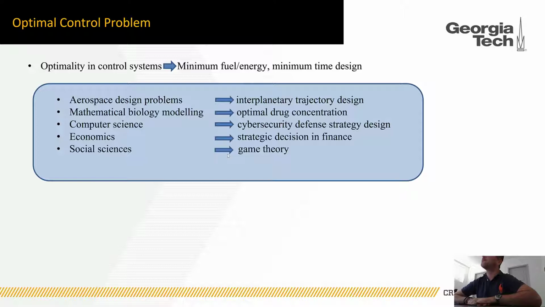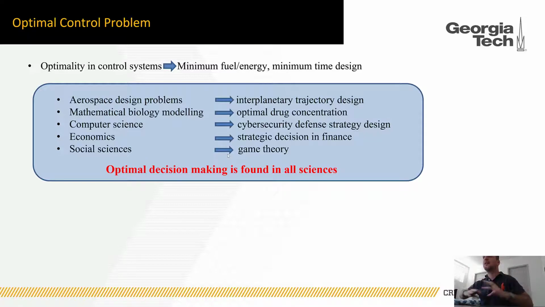Also in economics, we have strategic decisions on investment and things like that. Of course, in control, we are more pessimists than optimists, because in economics they want to maximize things. In control, we want to minimize things, because we want to minimize the fuel, the energy, the time, etc.